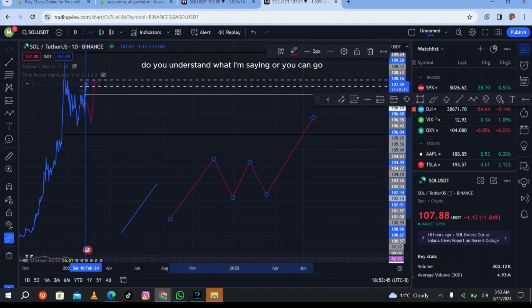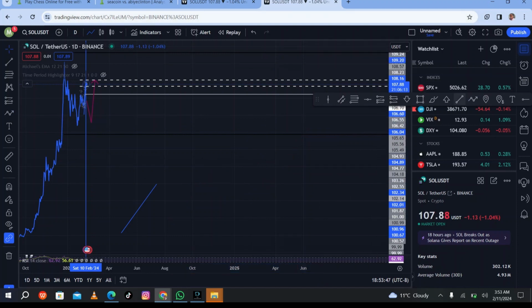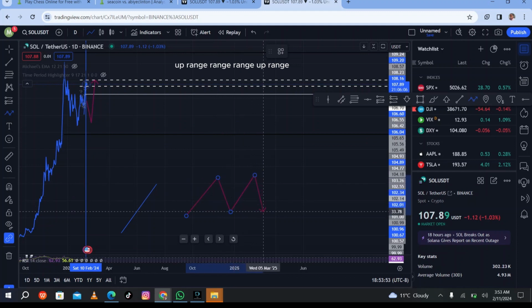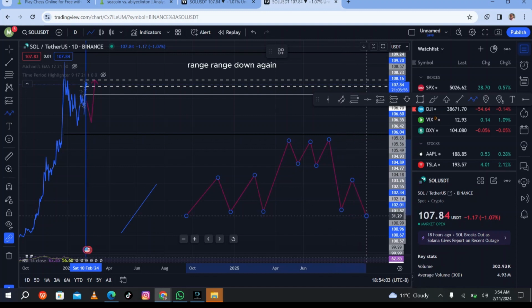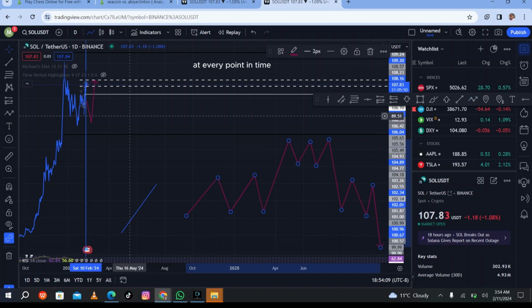Or it can go up, range, range, range, up, range, range, range, range, down, range, range, range, down again. So this is exactly how the market moves at every point in time.